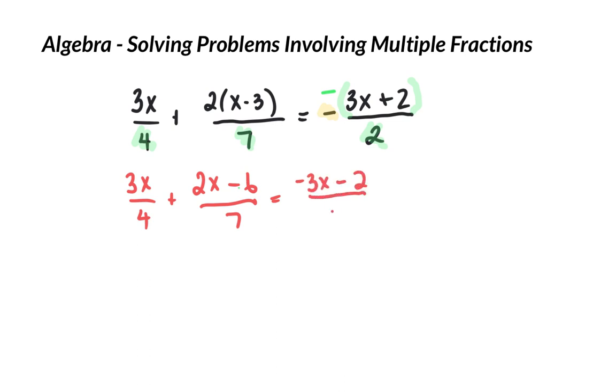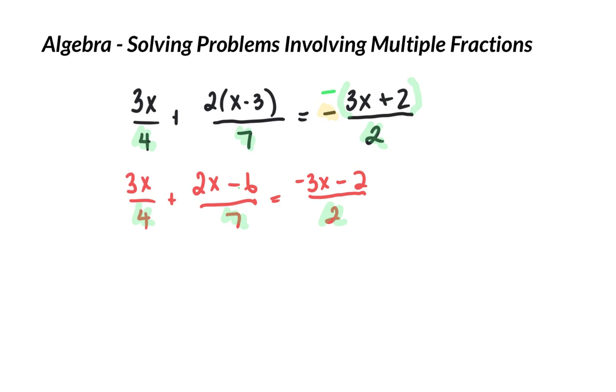Now let's figure out a single common denominator for all of those things. The easiest way often is to multiply pieces together and then verify that they work. So I'm going to look at these two and say, if I just multiplied 4 times 7 and got 28, would that also work for this? It would.